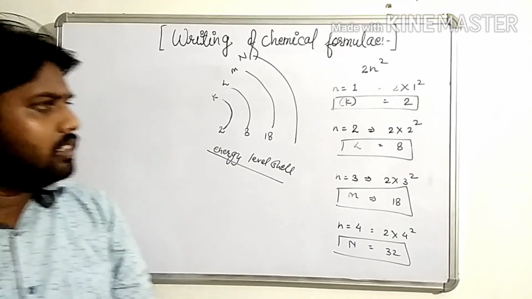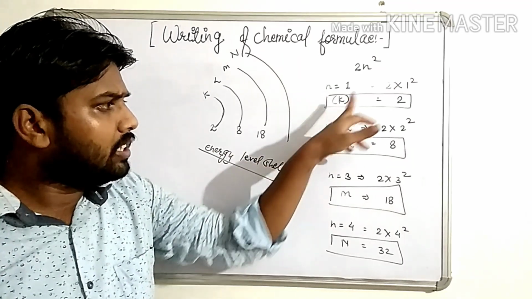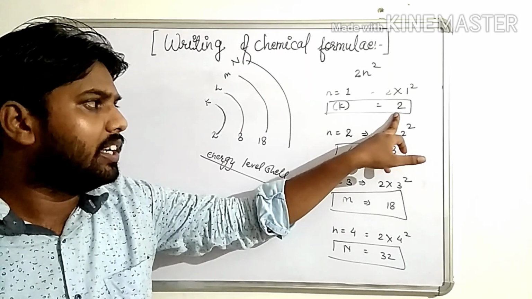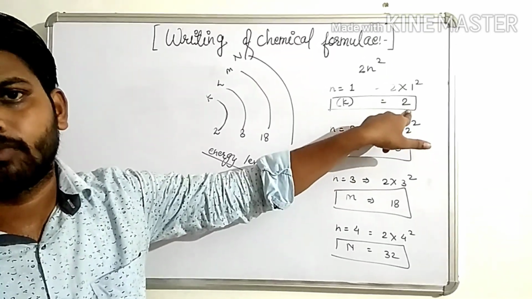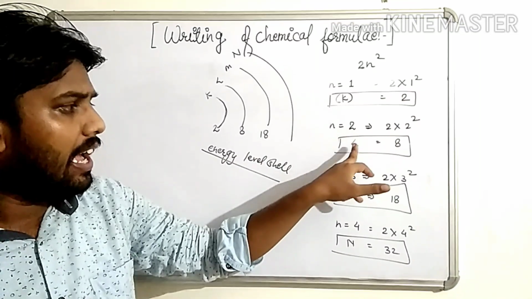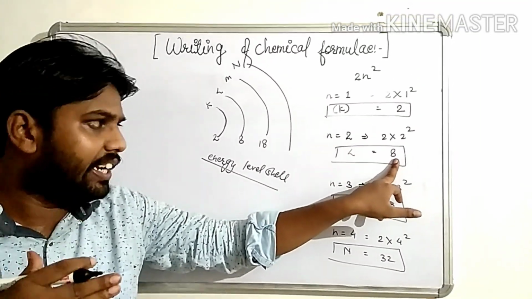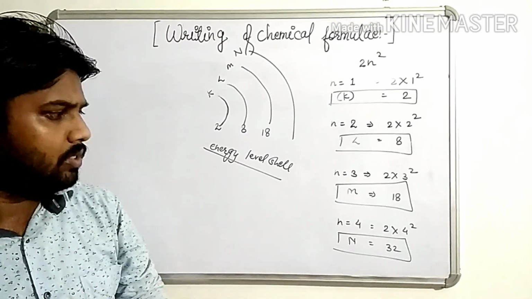Children, there is also one thing: K contains 2 electrons. It may be less than 2, but it cannot be above 2, children. Okay? L will accommodate only 8 electrons or less than 8 electrons, but it cannot be above 8 electrons.